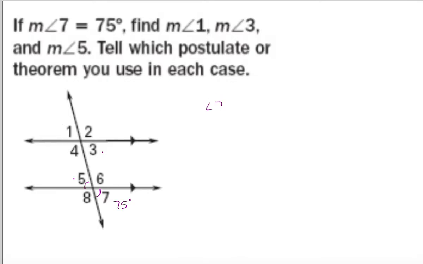So angle 7 and angle 5 are vertical angles, so they are congruent.